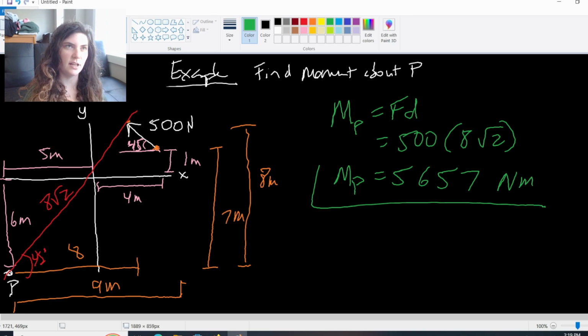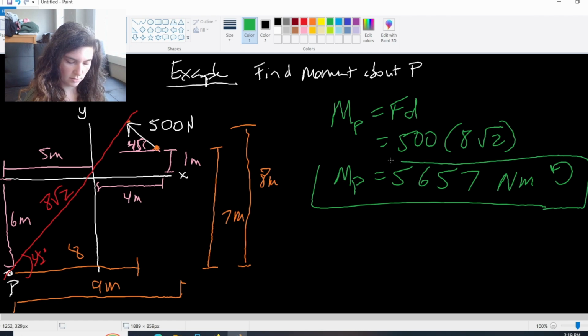And what direction is that? I point my fingers in the direction of d, and then I curl towards the direction of F, and I get this value that is counterclockwise. So that's my moment about P.